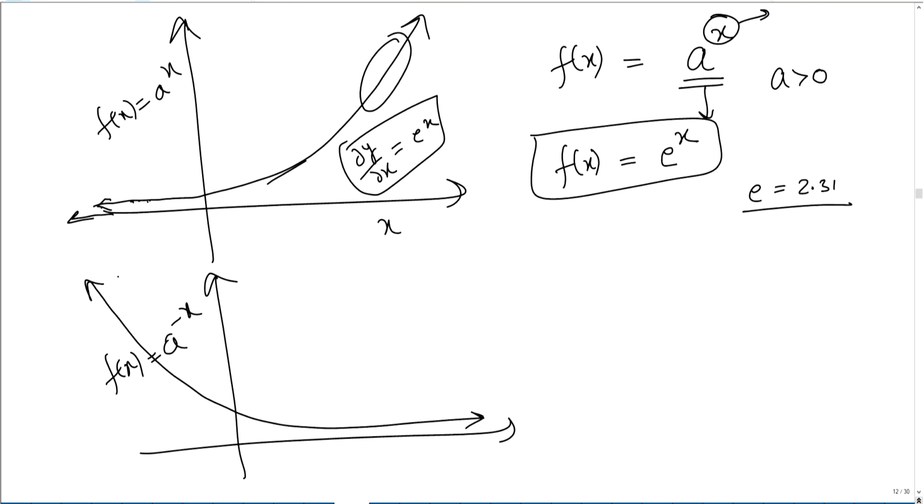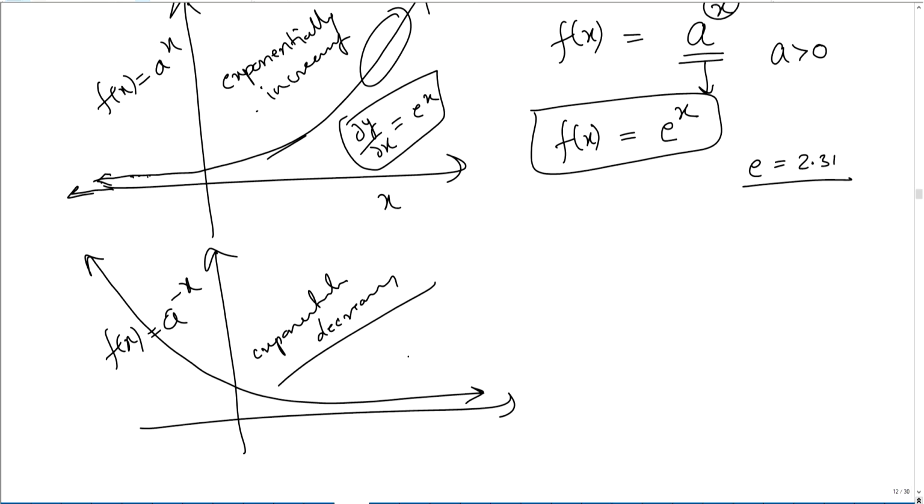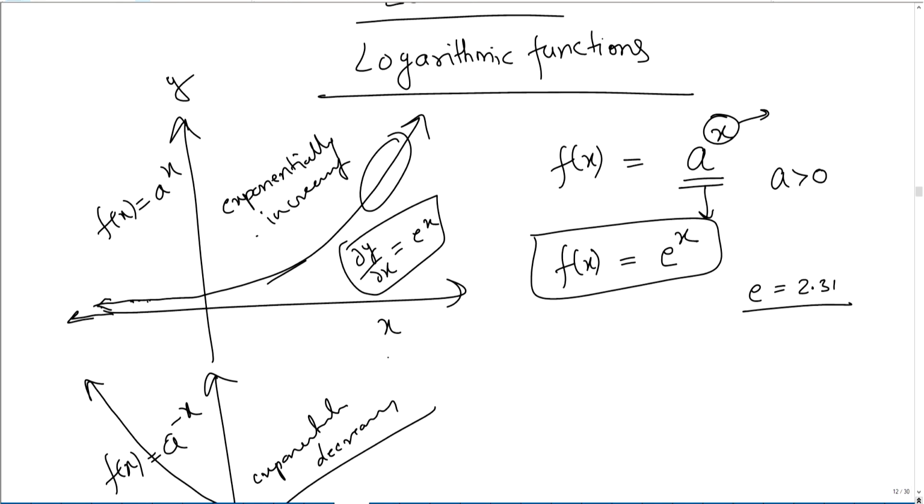This is an exponentially decreasing graph, and we call the other graph exponentially increasing. Now the rate with which y changes with respect to x is also decreasing. So these were exponential functions.